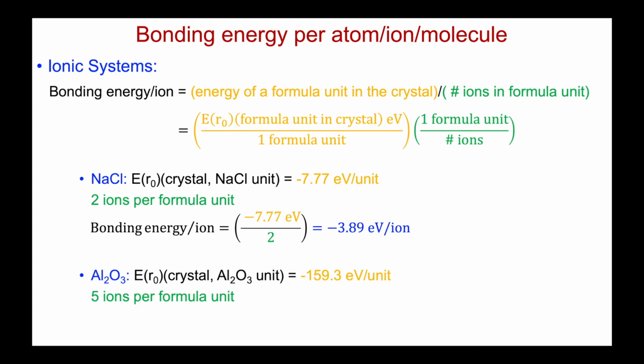Also alumina, we know the energy per Al2O3 unit in the alumina structure is minus 159 eV per unit. Again, that's already corrected through the Madelung constant for the various coordination numbers and all of the electrostatic interactions. There are 5 ions per formula unit, and so the bonding energy per ion in alumina is minus 32 eV.